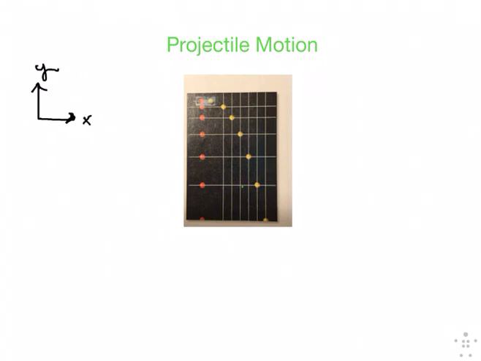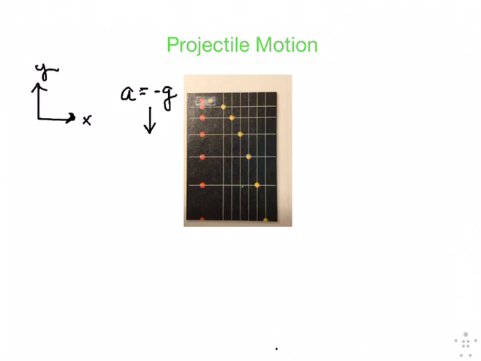If we look at this picture here, the red ball is dropped with no initial velocity in the x direction. It's just dropped straight down, and the only thing acting on it is the acceleration due to gravity. So the acceleration is equal to minus g, because that's going down, which is opposite to our y direction.